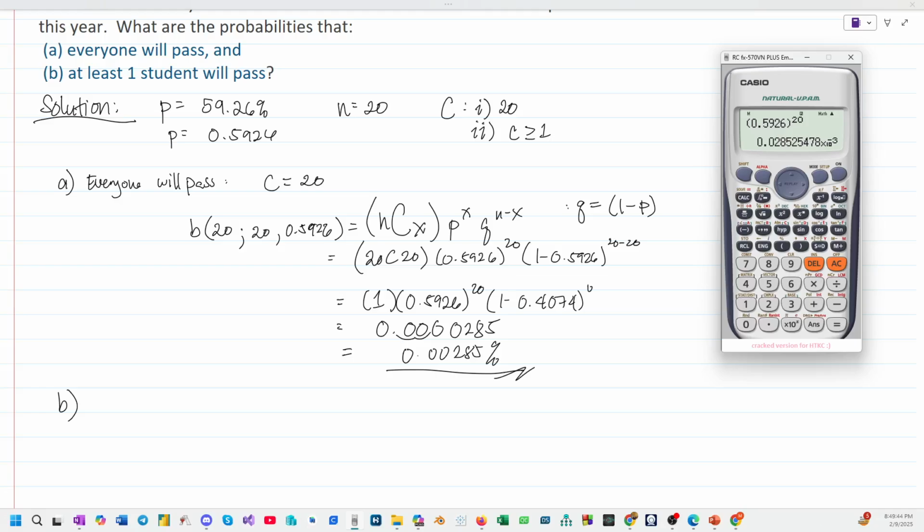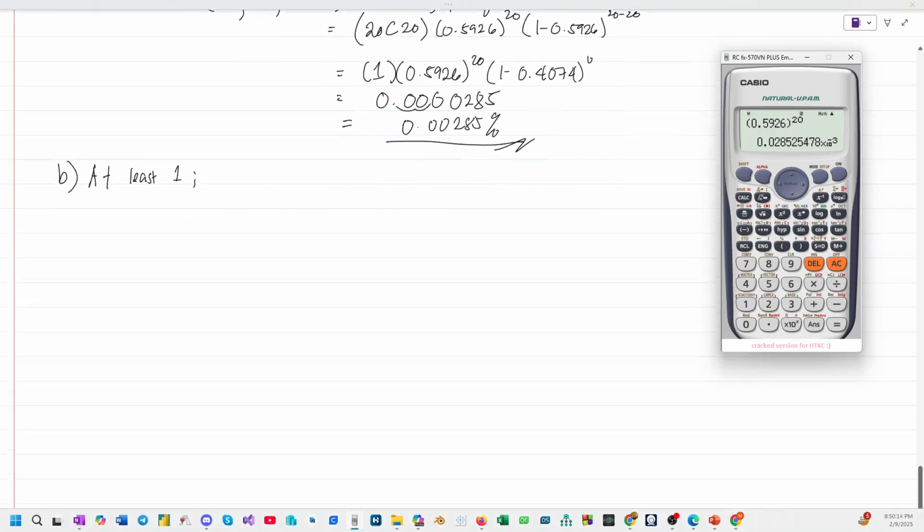So to do that, at least 1, no? Sabihin nito, kabaliktaran siya ng, okay, it's complementary of exactly 1 will pass, di ba? So, pag sinabi exactly 1 will pass, diba? Complements, yan, so this one, yung number 2, at least 1 will pass.